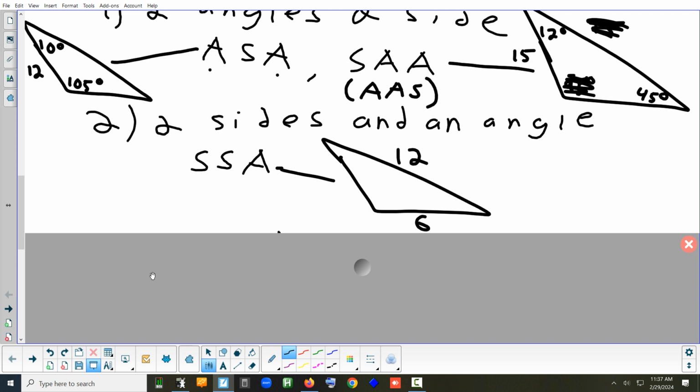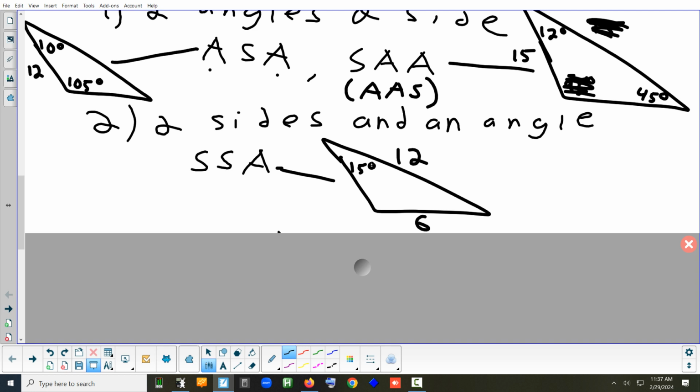If it was the one in the lower right, you're not solving it with this formula. It will not work. It's impossible. So it would have to be this angle over here, or the angle in the bottom left. You've got two sides and an angle, and the angle is not where the two sides come together. When it's between the two sides, that's called an SAS. The A is between the two sides.